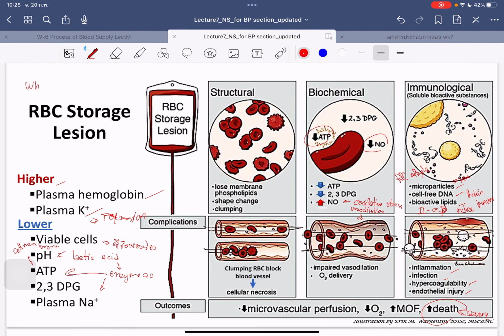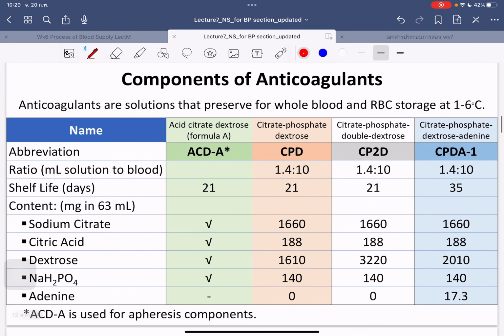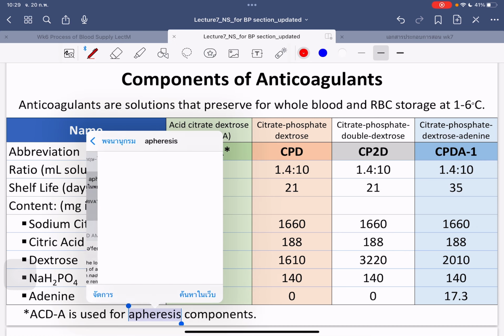The anticoagulants that we use today have a lot of combinations, just different recipes, such as ACD-A, which is used in the apheresis component. Do you know about apheresis? Can you tell me what apheresis is? Have you heard about plasma apheresis?